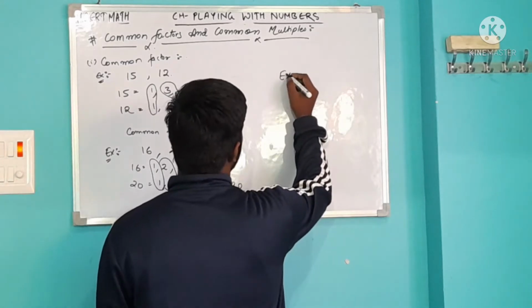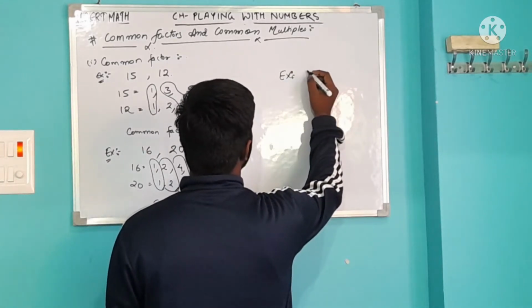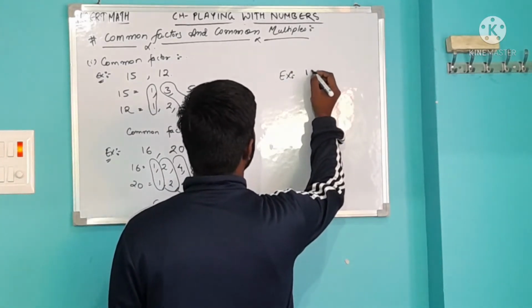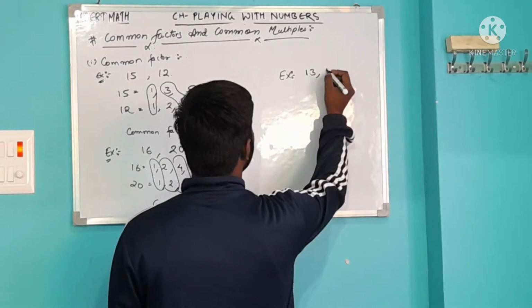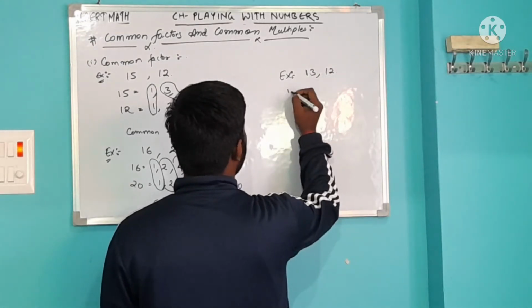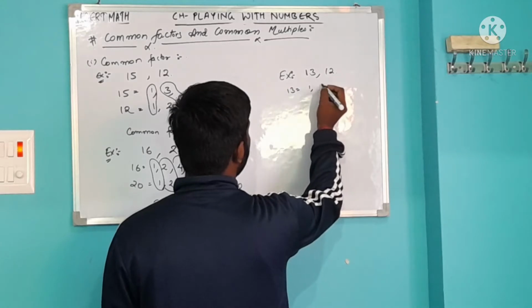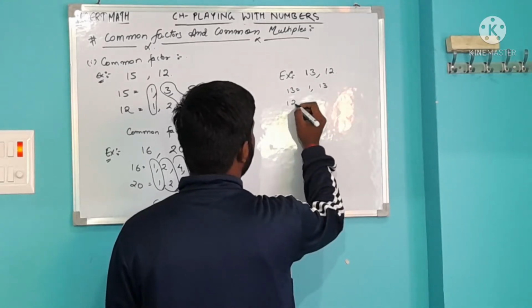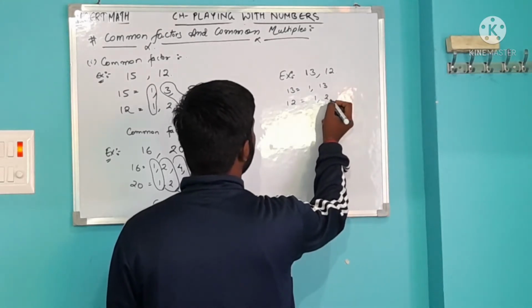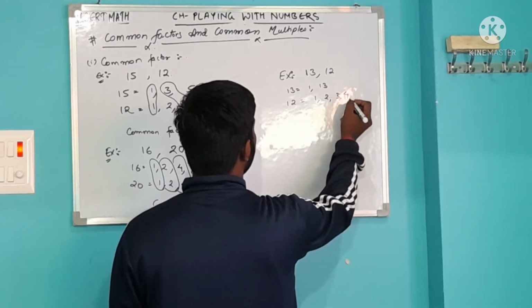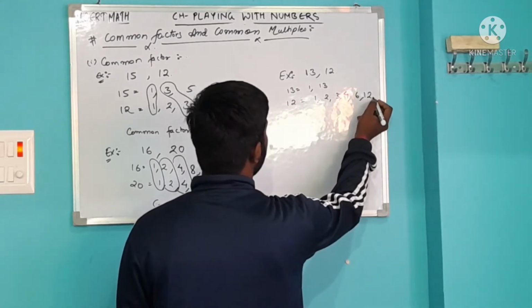Another example: we take 13 and 12. For 13 we have the factor 1 and 13, and for 12 we have factors 1, 2, 3, 4, 6, and 12 itself.